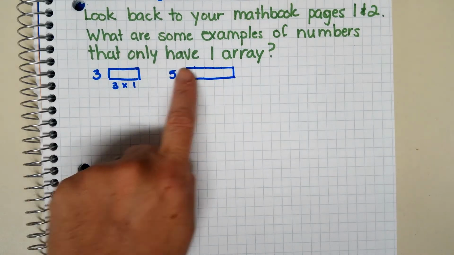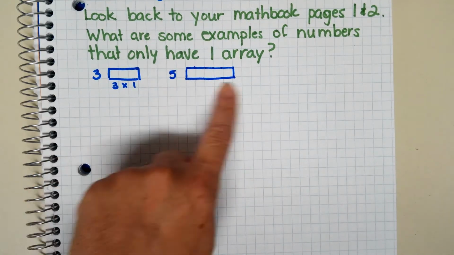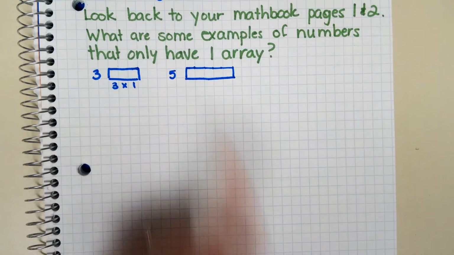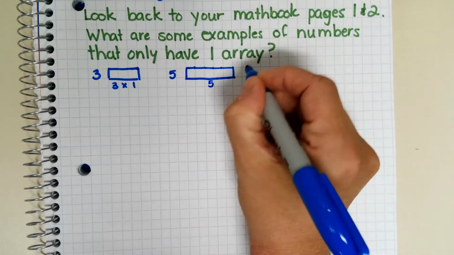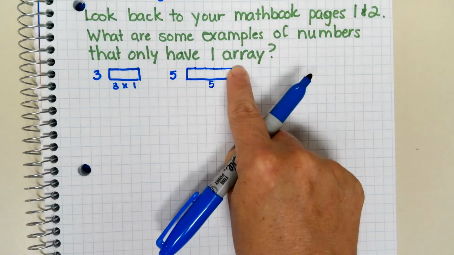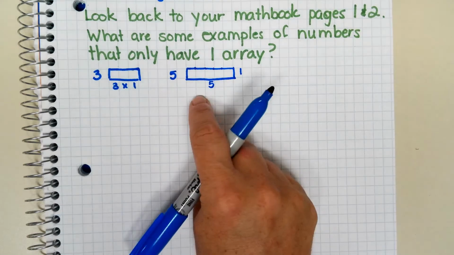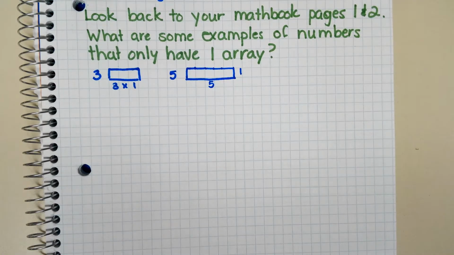They have to be straight rectangles with an equal amount on the side and on the bottom, right? We can't just have one here and then the other juts out. So this is 5 times 1, right? There's 5 going along this way and 1 going along the height. So 5 is also a number that can only have one possible array.